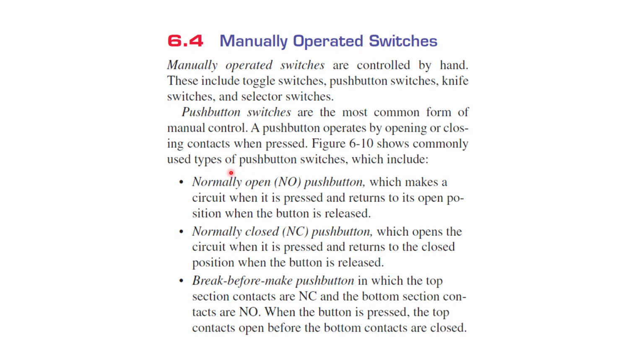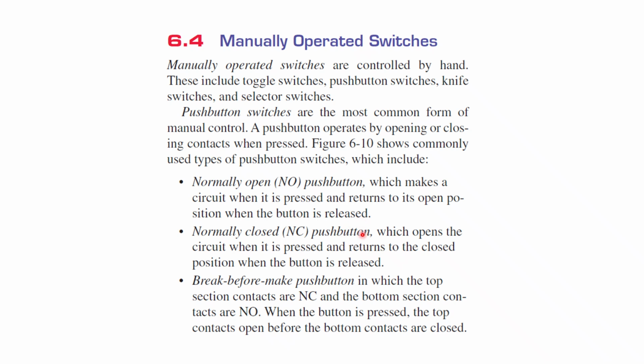Commonly used push button switches are normally open, normally closed, and break before make push button. A normally open switch makes a circuit when it is pressed and returns to its open position when the button is released.